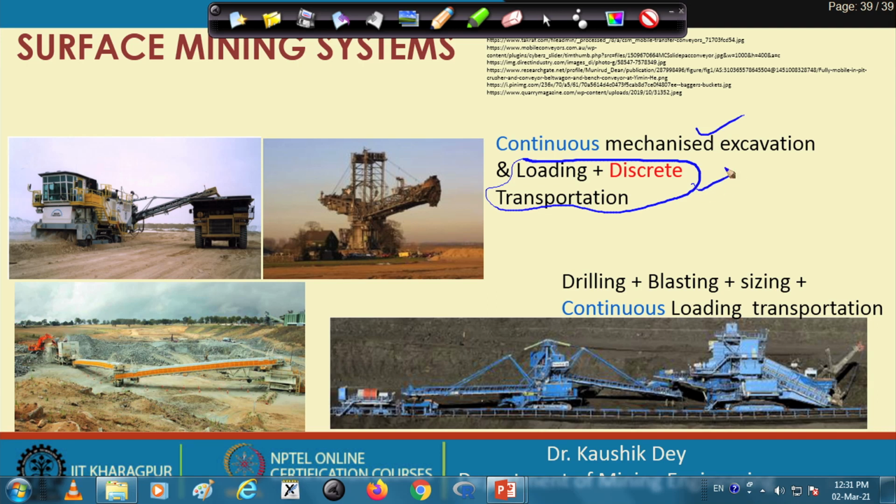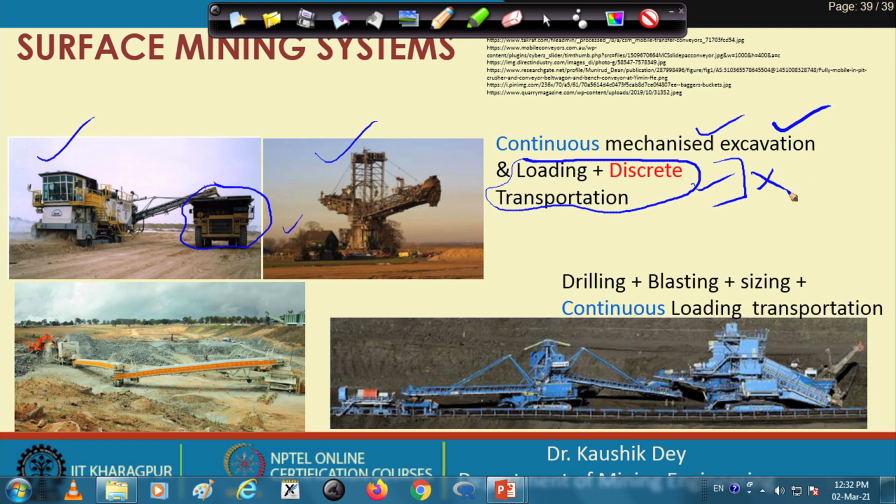You can see in this case a continuous miner, the surface miner, is excavating the rock continuously, but this miner is dumping the material onto a dumper. A dumper is a discrete transportation system, so that dumper takes out the material in a discrete way. Similarly, the bucket wheel excavator can also dump onto the dumper. So this is an example of continuous mechanized excavation but a discrete material transport system.